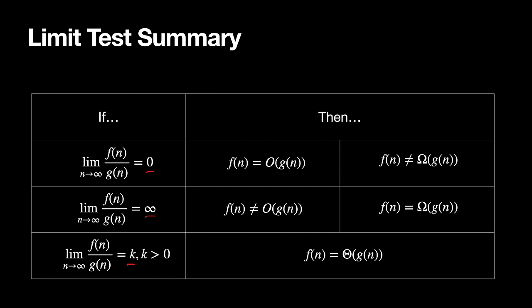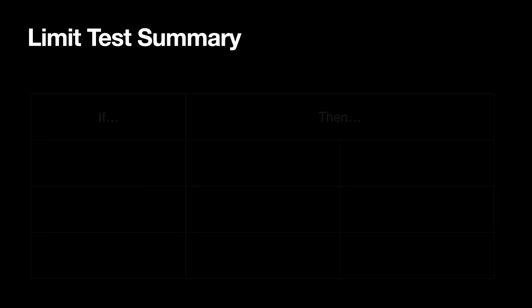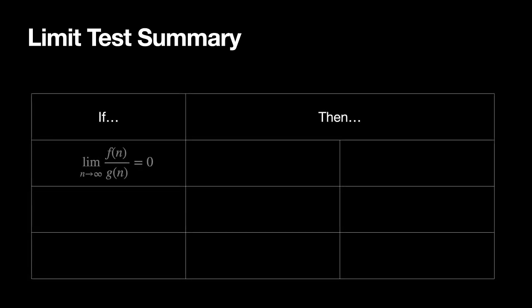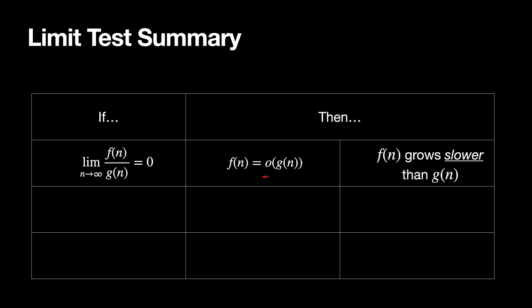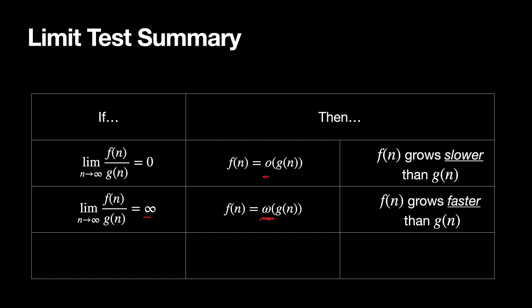Okay, we also introduced some new notations. So if you remember, going along with our first test, when the limit is 0, our new notation is little o, and we could say that our function f grows slower than g. Our second limit was when the limit is infinity, and our notation for that was little omega. And we could say that f grows faster than g.